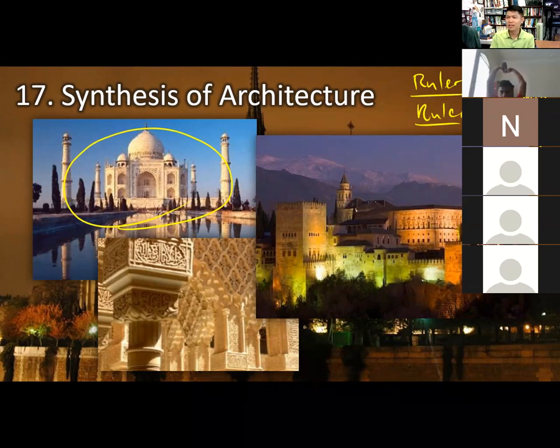But again, this is a constant theme in India. Who's going to rule despite this religious diversity? It's still going on today, especially with the rise of Hindu nationalists in India.